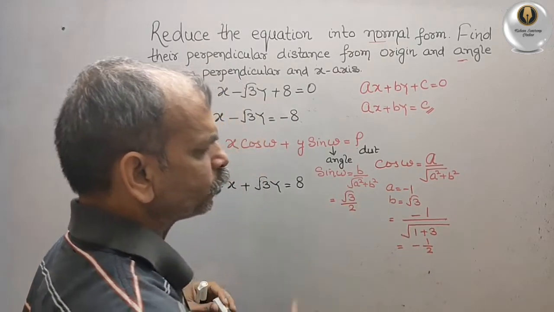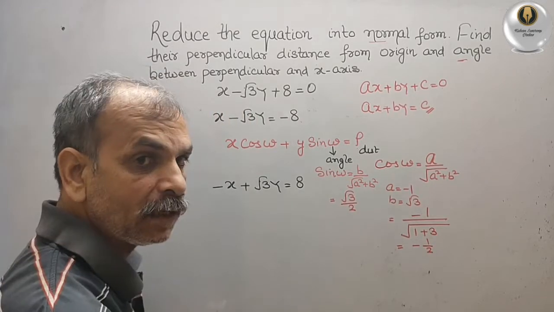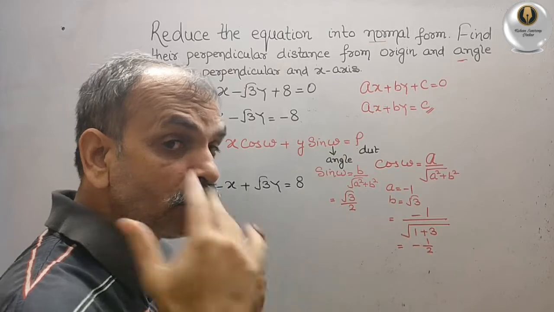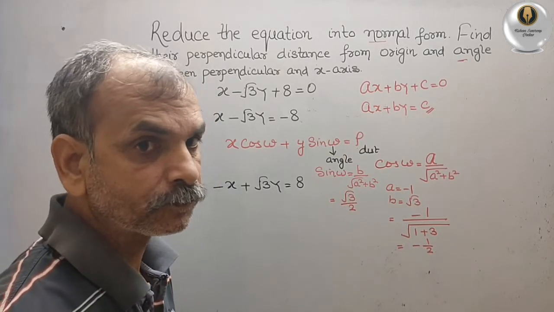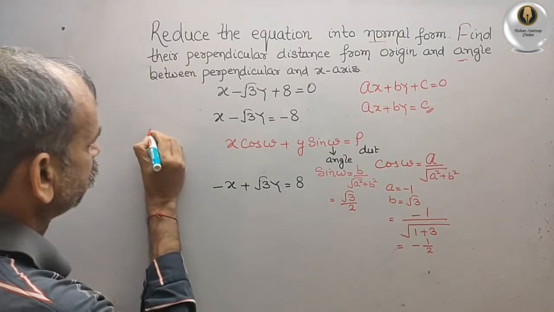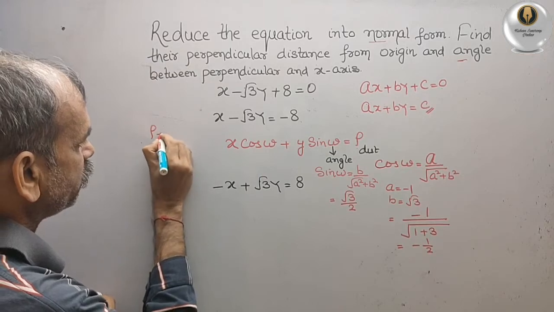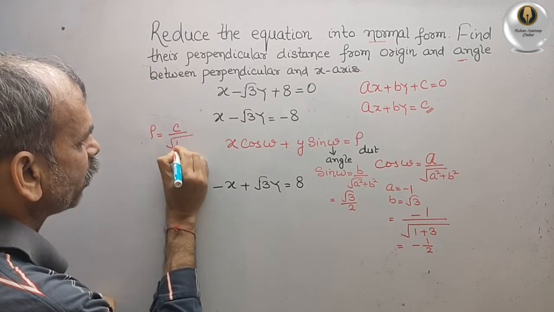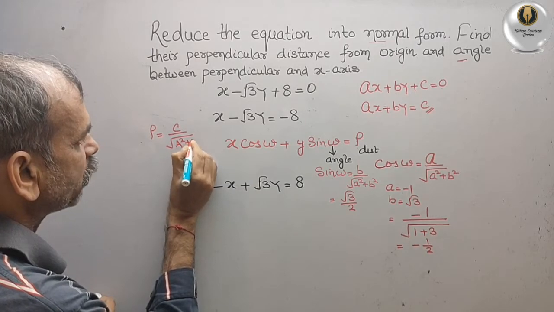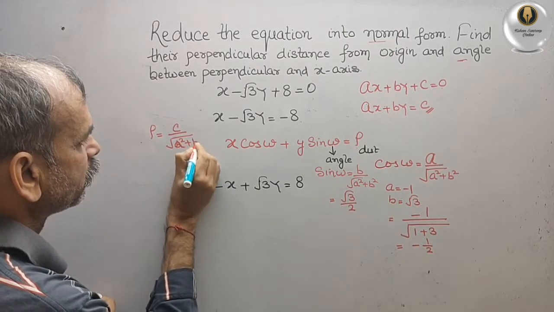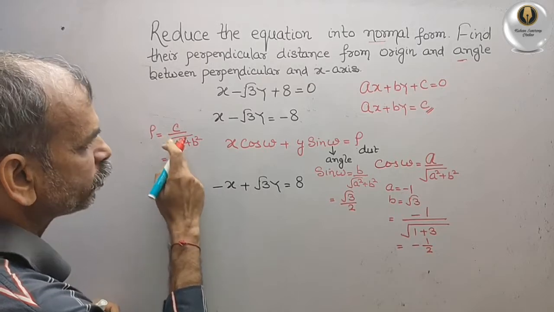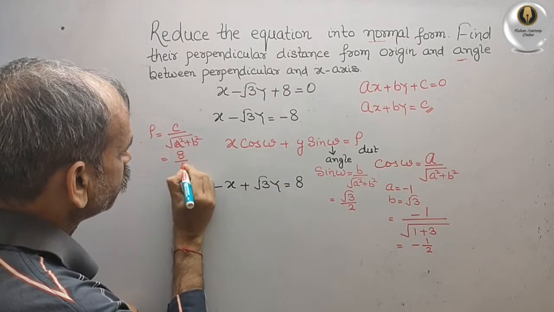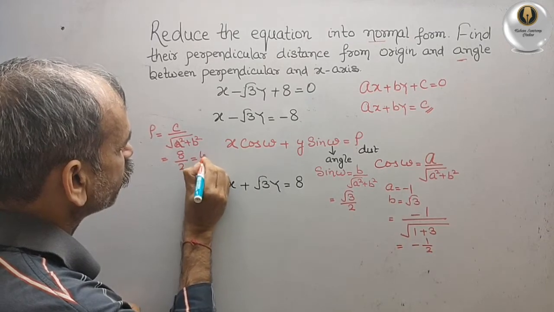So root 3 by 2 is sin omega. Now p is equal to c by root over a square plus b square, which is 8 by 2, equal to 4.